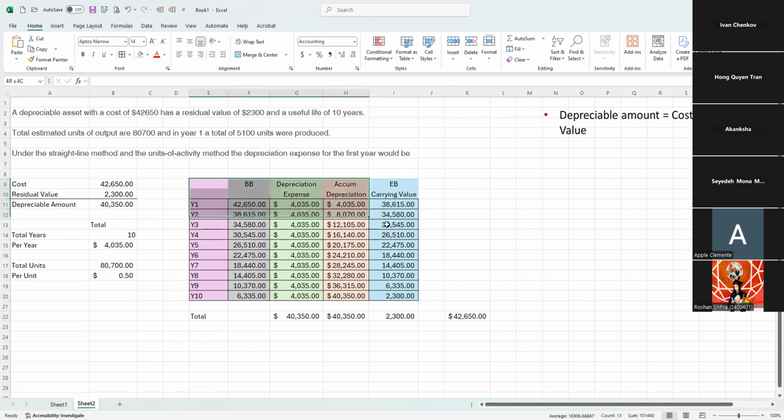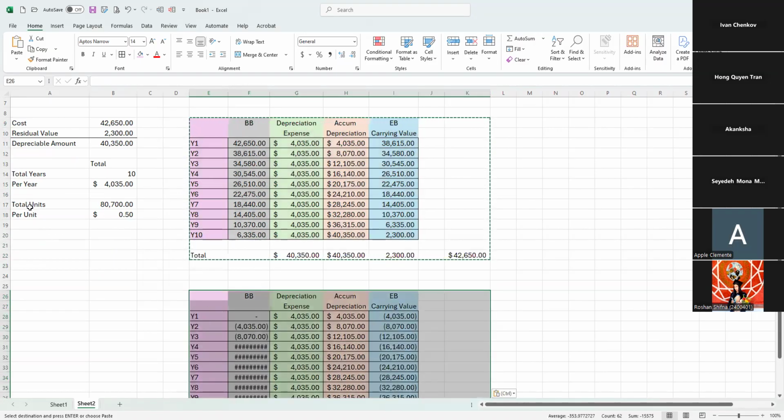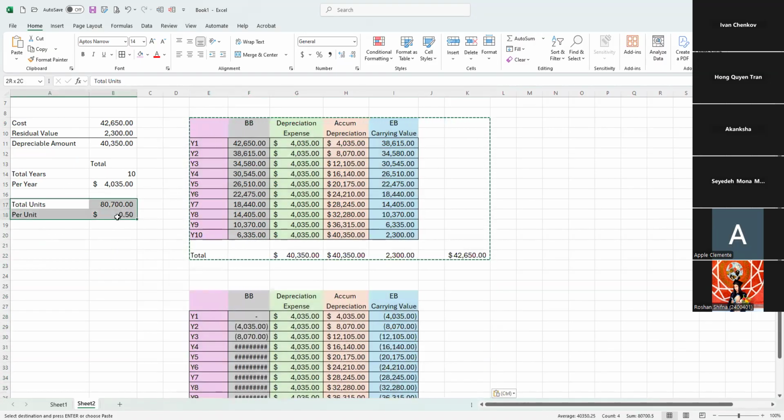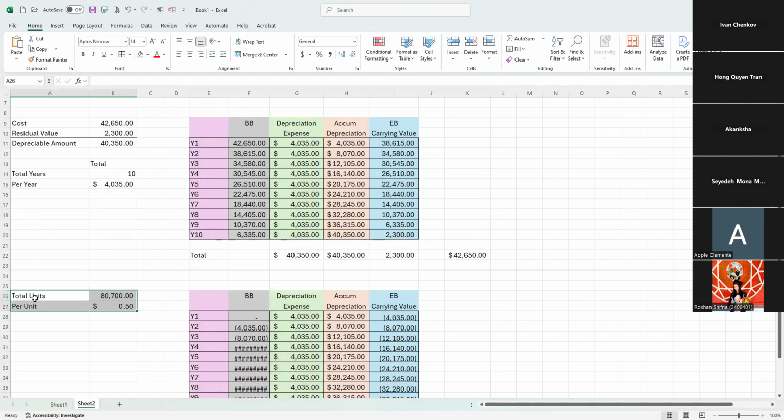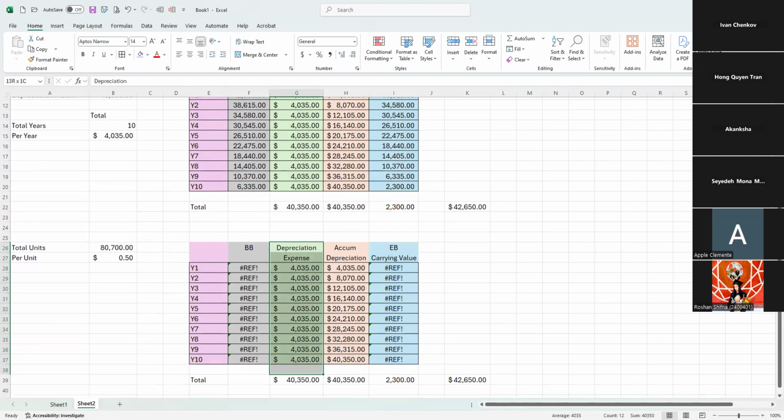How is this going to change if we're using units of production? Not dramatically. Let's go with the next one, units of production, now. That was for that one, but let's get this information, cut it from here, paste it here, and we can start using it. The first year, what do we need? We need to add one column here.